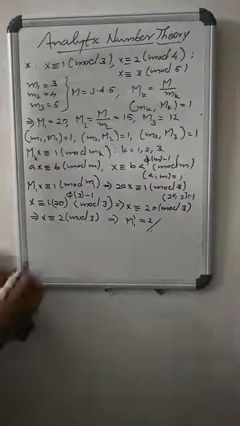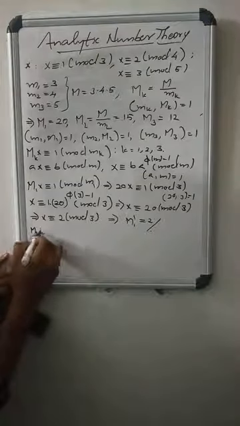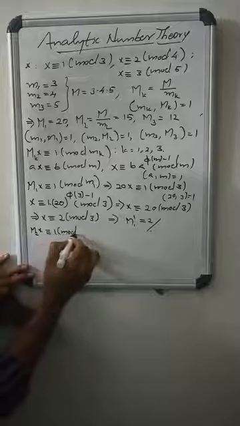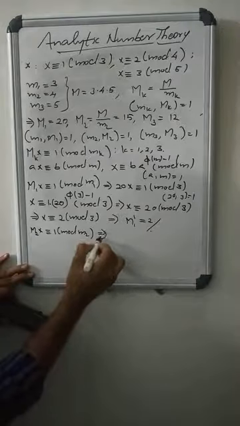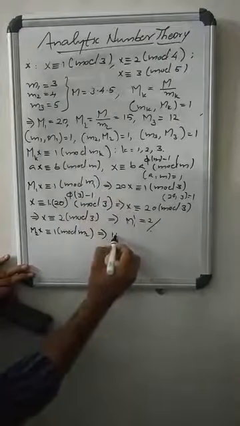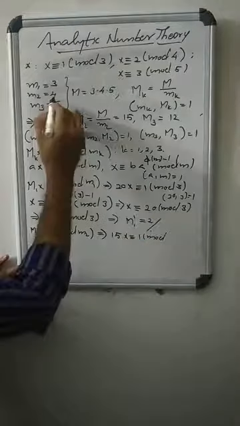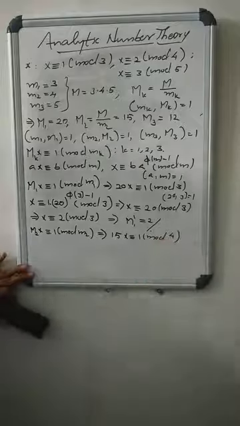Now consider the second congruence relation M_2 x ≡ 1 mod m_2. Capital M_2 is 15 and small m_2 is 4, so 15x ≡ 1 mod 4.